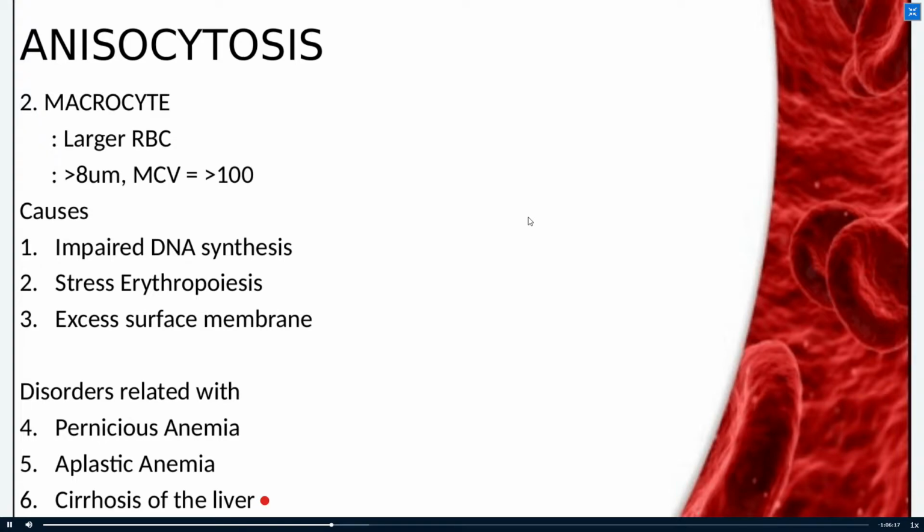Another one, class, would be your cirrhosis of the liver. So you may be wondering, what is the possible reason for inclusion of cirrhosis of the liver, class? Now, in your so-called cirrhosis, class, cirrhosis is a type of liver disease.